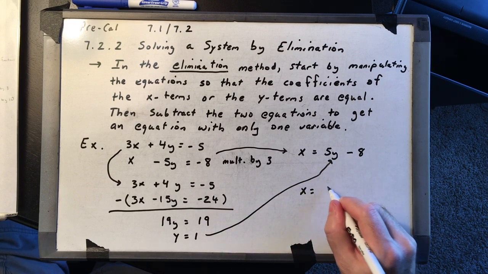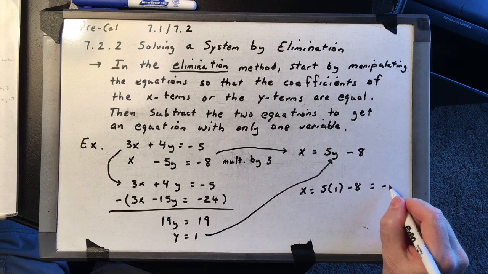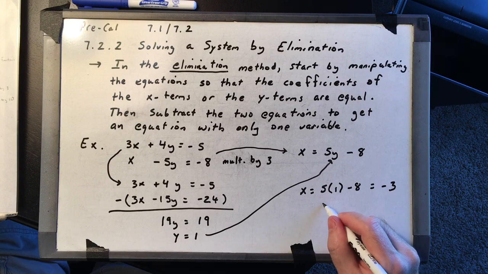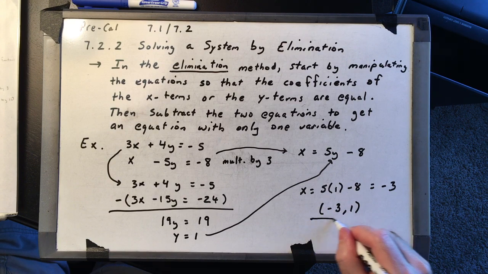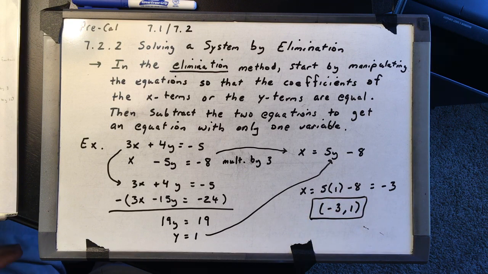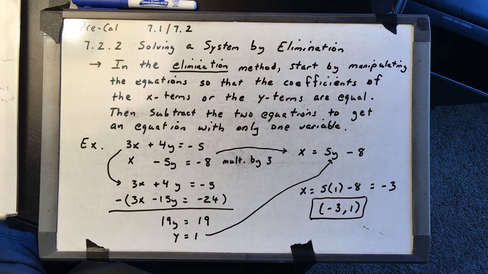So x is equal to 5 times 1 minus 8, and that's negative 3. So we can write out this solution as negative 3, 1. All right, so that's a pretty simple elimination. If you need to pause the video, go ahead, and we'll do one that's a little more complicated.